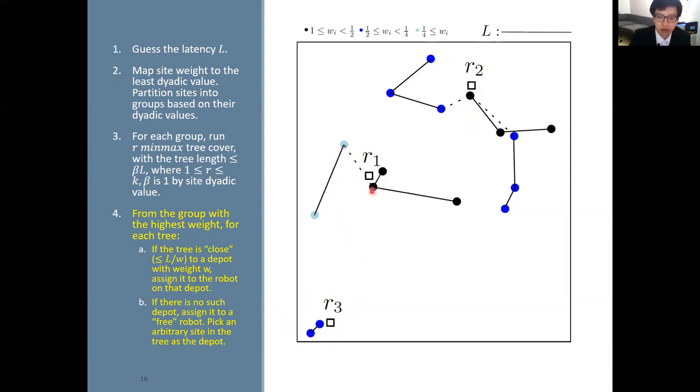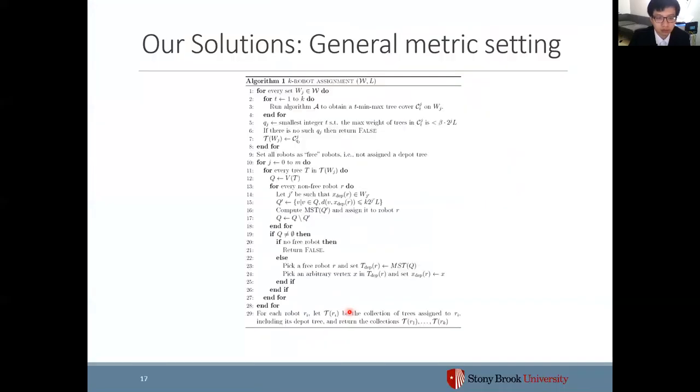And this tree is close to this one, so we assign it to this depot. So in the end of this algorithm, robot R1 will be responsible for these 5 nodes. Robot R2 will be responsible for these 9 nodes. And robot 3 will only cover these 2 nodes. This is the pseudocode of our algorithm.